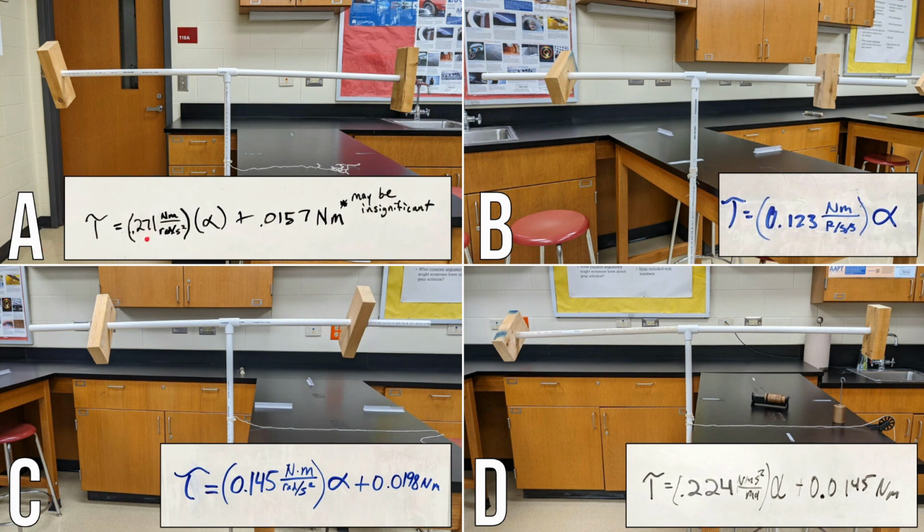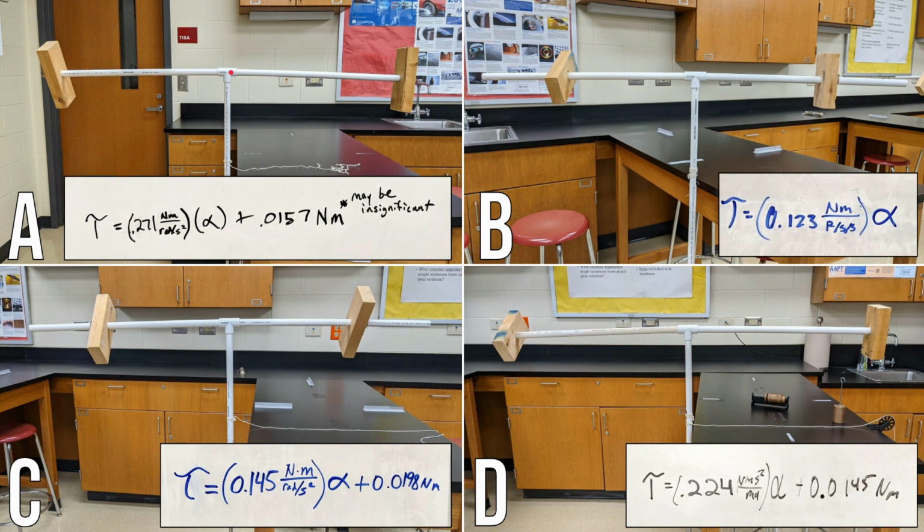So A had a large slope value and C had a smaller slope value. And we said A's system apparently resisted angular acceleration more than C's did. And why? Like, what's different about their setup? Well, they have the same total mass, but it looks like where that mass is located in the system is different.